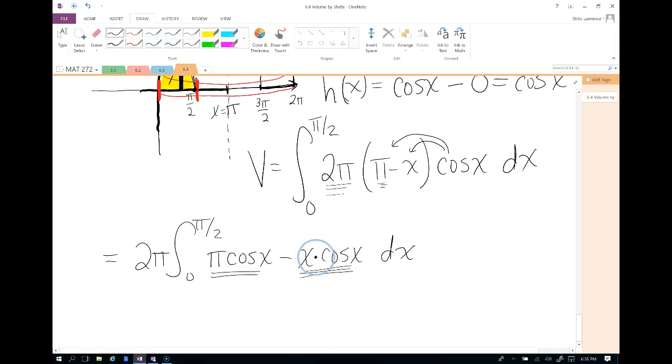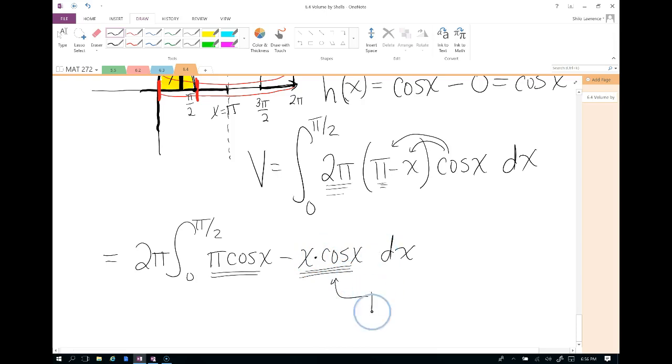When I see a product of two functions of x, typically we're going to have to do a u substitution. The problem here is that these two functions are completely different, and a u substitution for one is not going to cancel out the other. Also, if you remember back to when we talked about integration by substitution, we're also typically going to see one of them is a composite function, and neither one of these is a composite function.